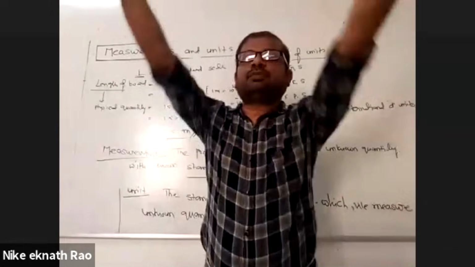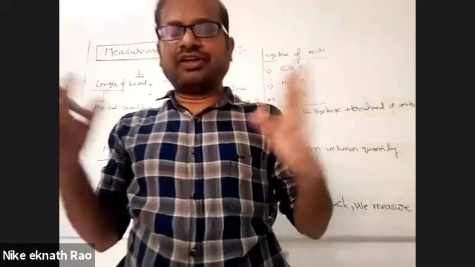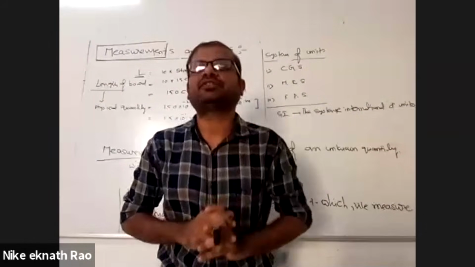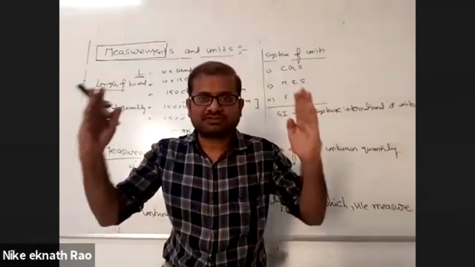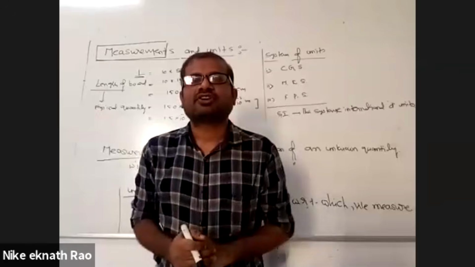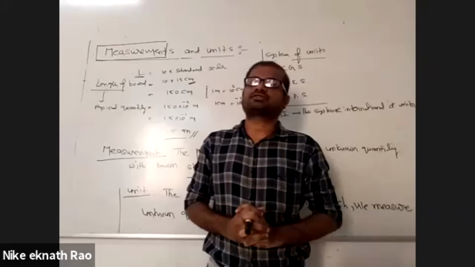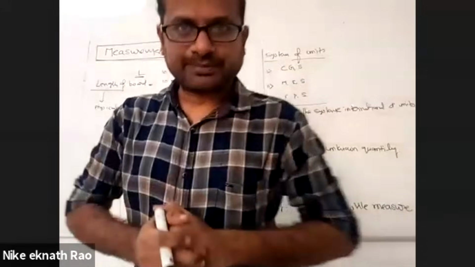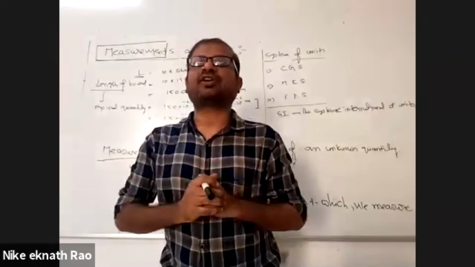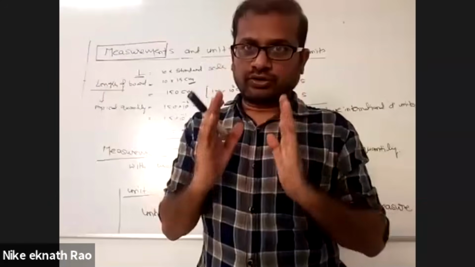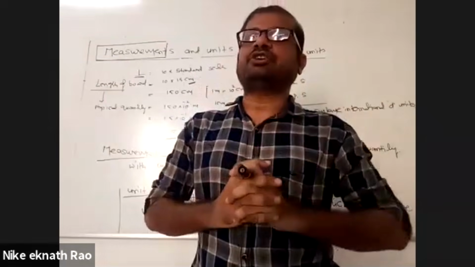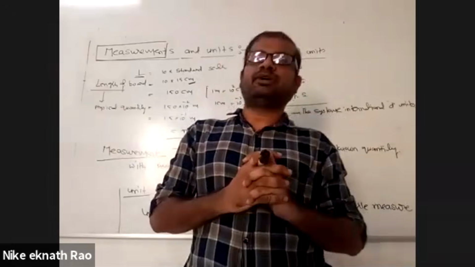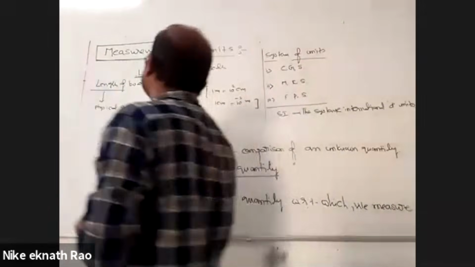So for example, you are feeling very happy. Can you measure the happiness? Yes, sir, I feel this much happiness? No, sir. We cannot measure it. You can feel it. So the quantities which can be measured are called physical quantities.